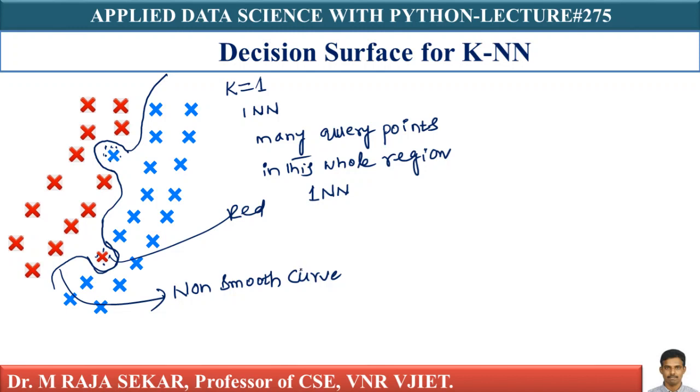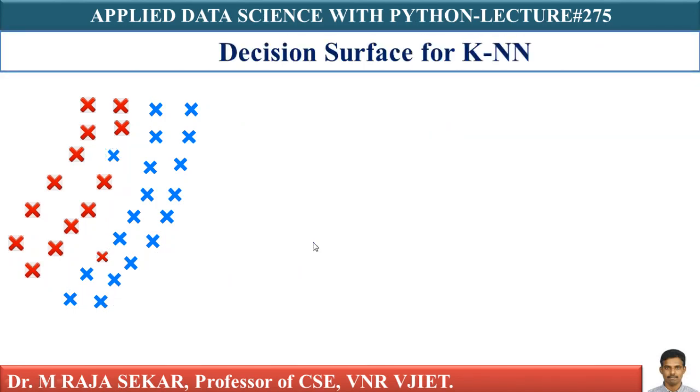Now the immediate question is, what happens if k equal to 5? We will try to understand this case. Just let me assume now k equal to 5. I already discussed what happens for k equal to 1.